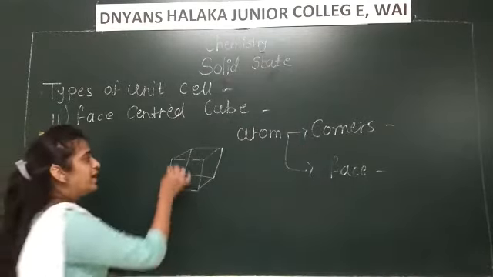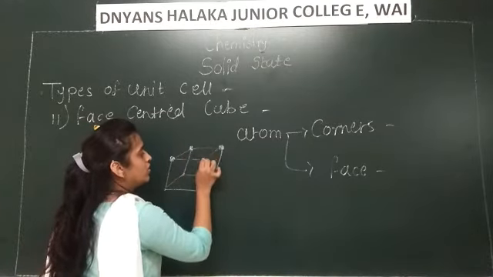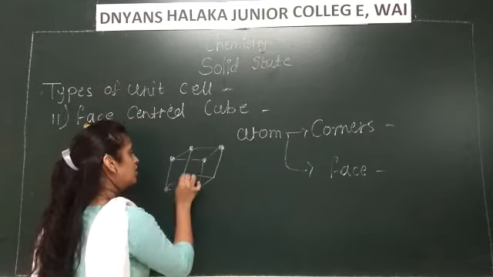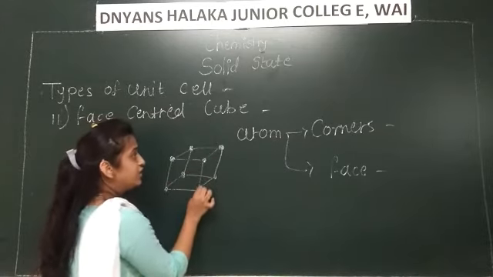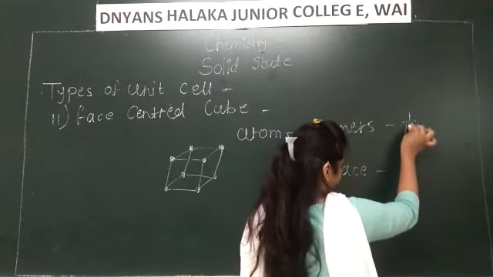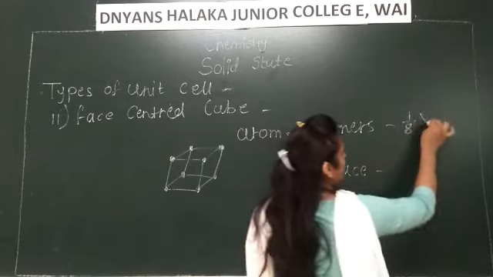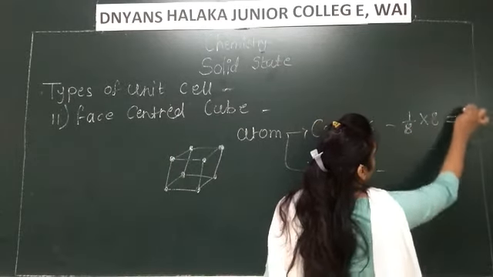So the corners participating in this cube are 8 corners. So similar to simple primitive unit cell, 8 corners participate, total corners 8. So this is one atom.